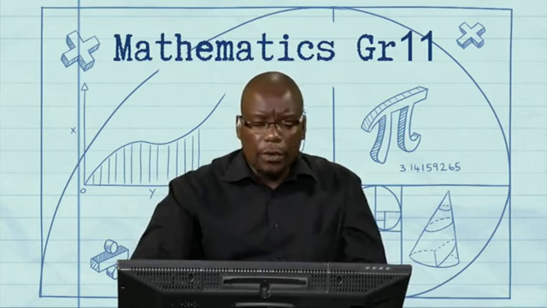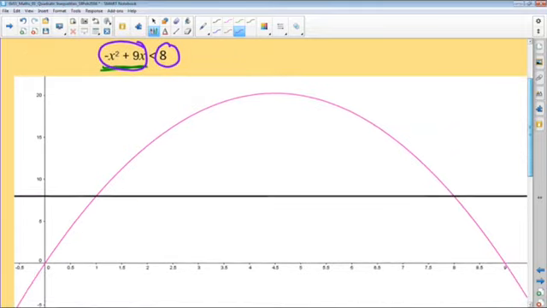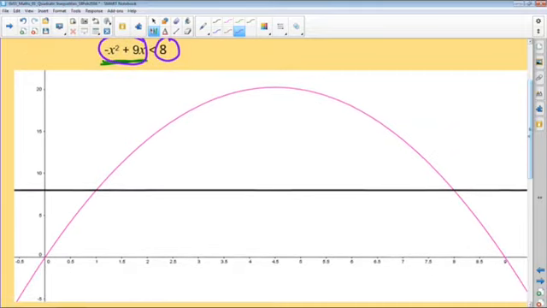So now, we look at minus x squared plus 9x, a quadratic function, and then this 8 is your linear function. So what we do here, we've got two graphs. There's a parabola, which is this, and then this is your straight line.